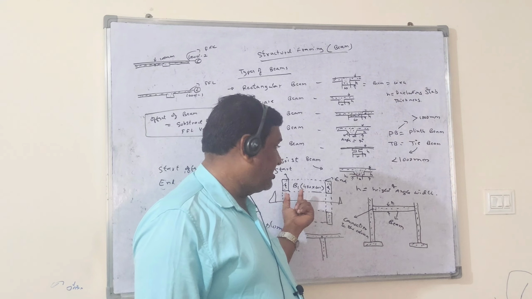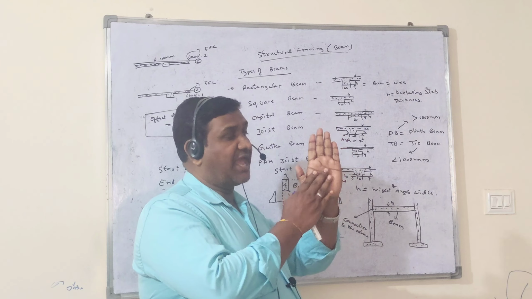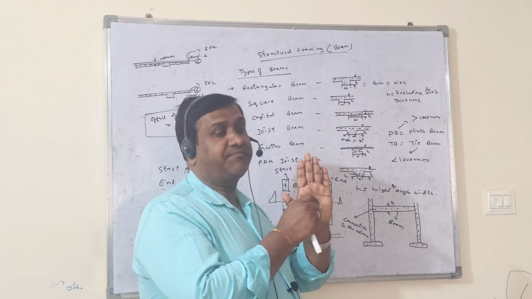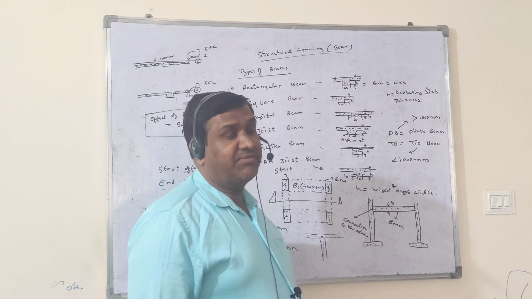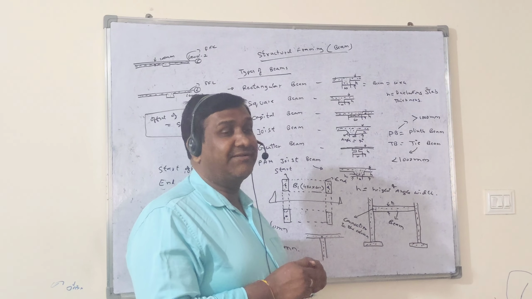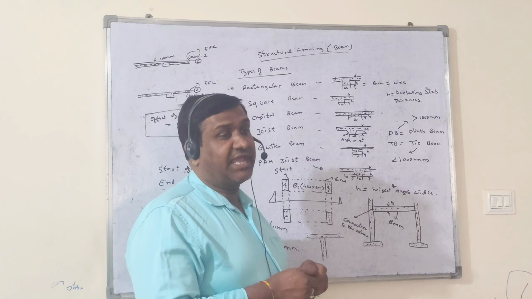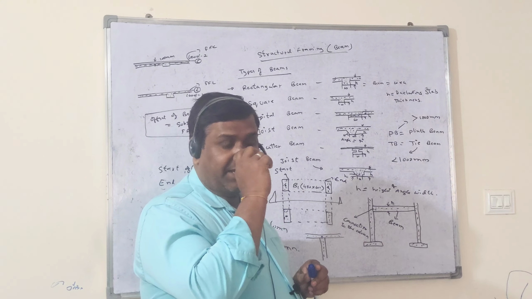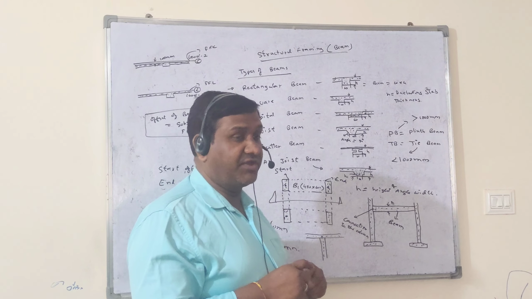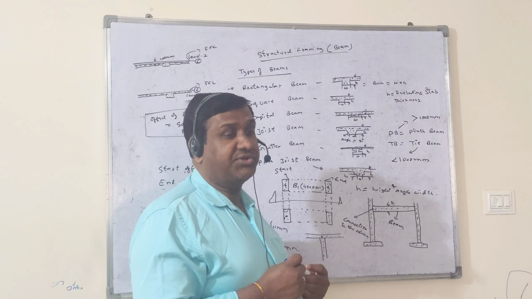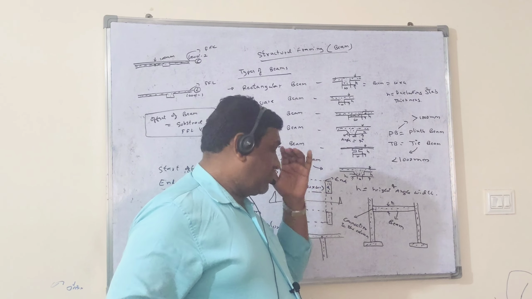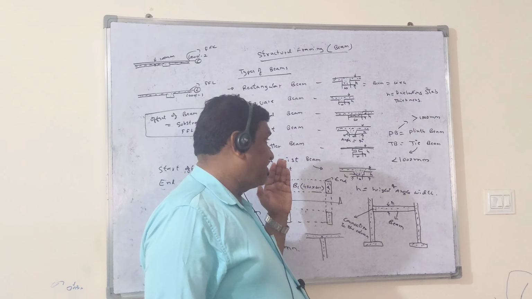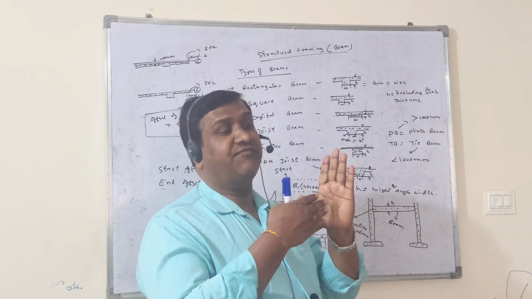If you do not place the beam correctly, there will be a gap between the columns and the beam, some 2 mm, 3 mm gap, because it is not connected properly. And that gap will show in all areas of the beam, on any floor. So all the beams should be placed in such a way that they are connected with the columns.